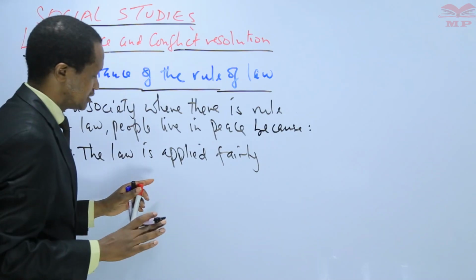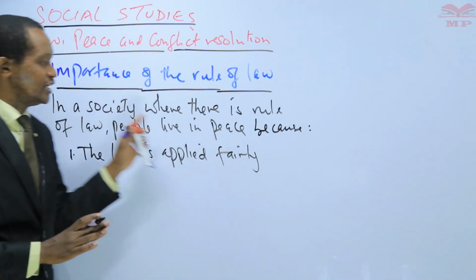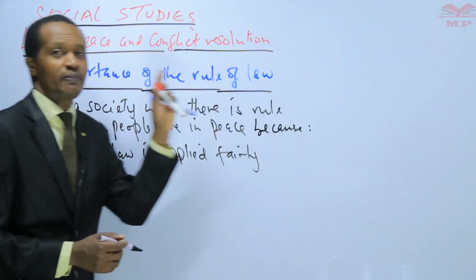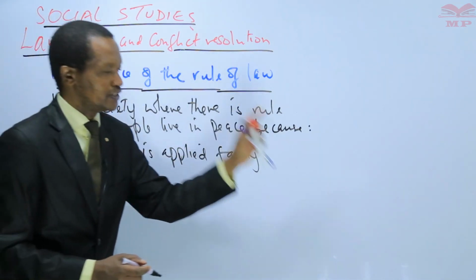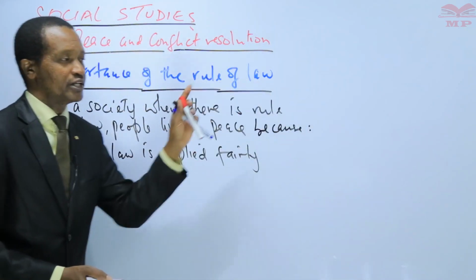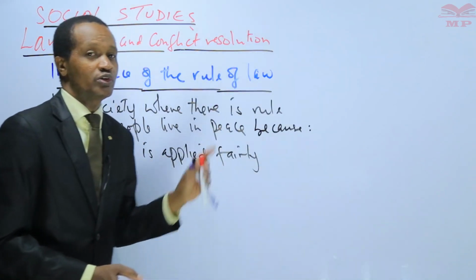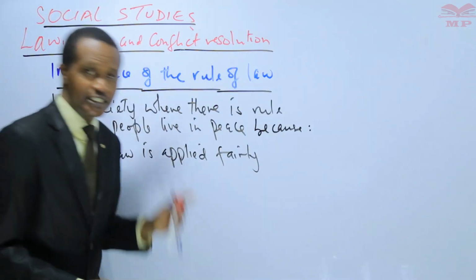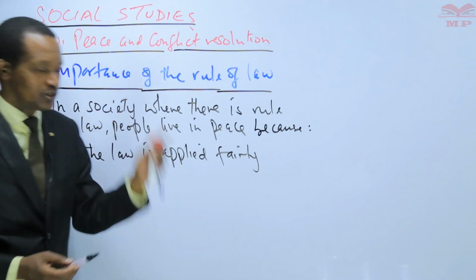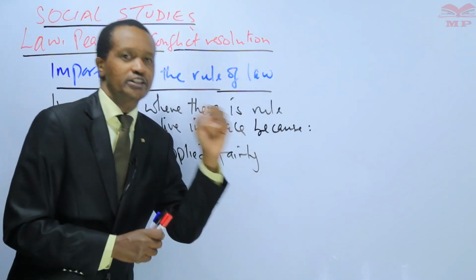If the law is applied fairly, then people will live in peace. But if some people break the law and are punished, but others who break the same law are not punished, then those who are punished will be the cause of lawlessness in the society. They will not be happy, they will cause chaos in the society.